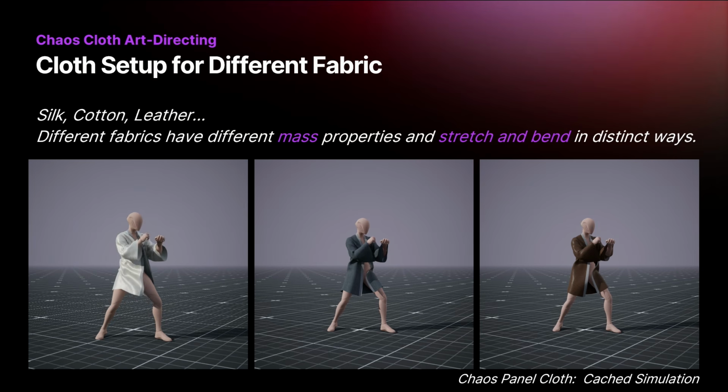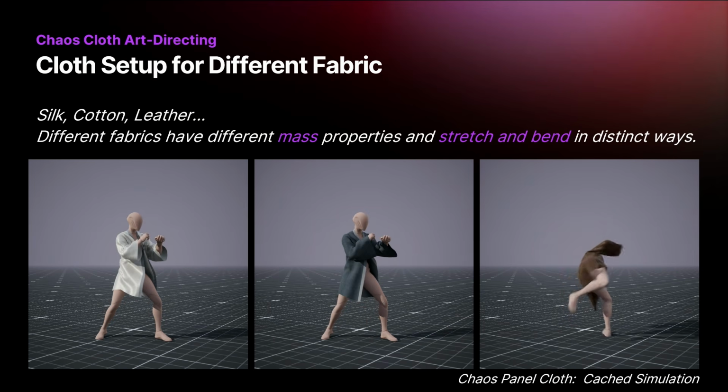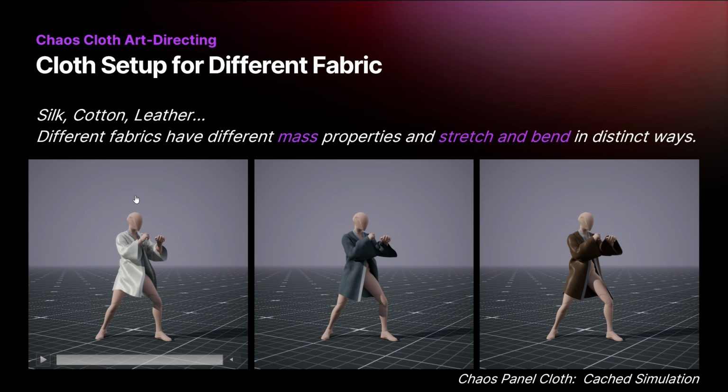Here, I cached 3 cloth simulations that are set up differently for silk, cotton, and leather. As you can see, they move in very distinct ways. From left to right, silk feels more light and soft with lots of fine wrinkles.